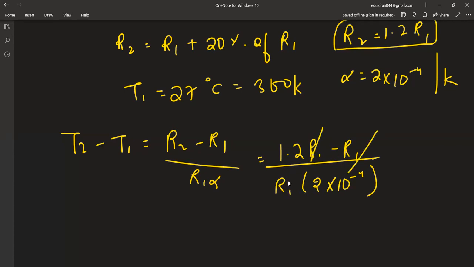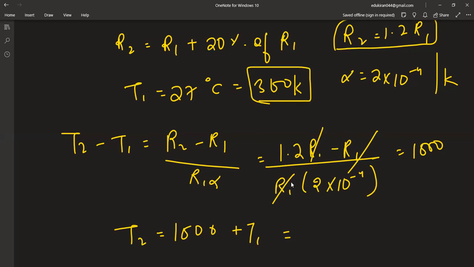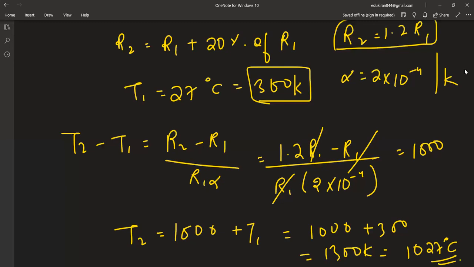So R1 will be cancelled from everywhere, and this will be equal to 1000 directly. Also, T2 is equal to 1000 plus the first temperature, and the first temperature was 300 Kelvin. So this becomes 1000 plus 300, that is 1300 Kelvin, or you can write it as 1027 degrees Celsius. Noted?